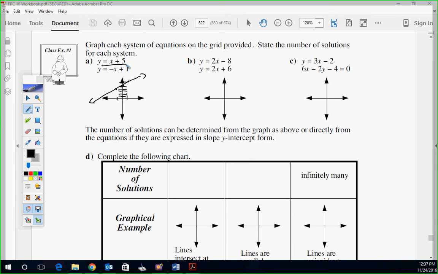The reason it doesn't matter how accurate I am is because I'm looking to see how many times it crosses. -x plus 1. Down 1 over 1. How many solutions? That's all I needed to do. I went to +1, went down 1 over 1, and drew a line through it, because my slope's -1, right?